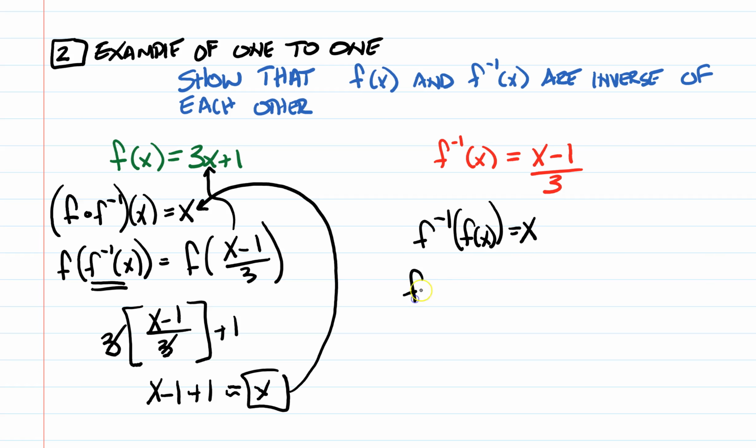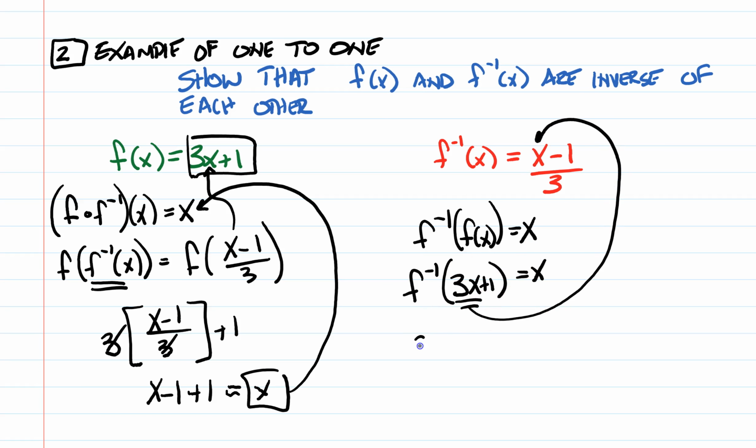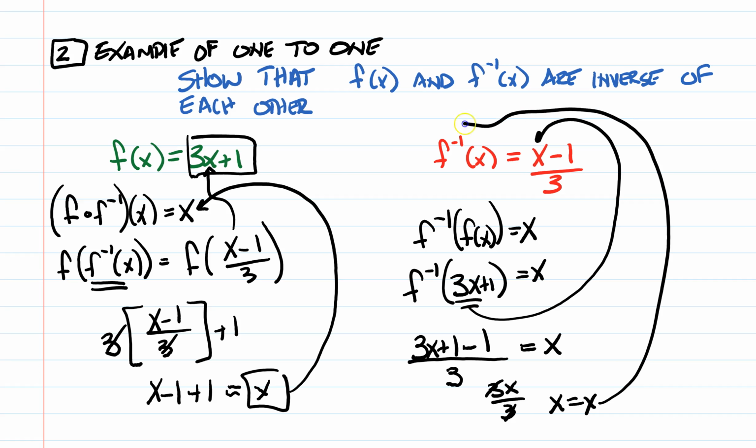So that means I want f inverse of f of x, where f of x is right here, 3x plus 1. I want to show that this is indeed equal to x. So I'm going to take this and plug it right there. I would get 3x plus 1, then minus 1, all divided by 3. 3x plus 1 minus 1 gives me 3x divided by 3. The 3's cancel, and I get that x is equal to x, which is what I wanted to show.